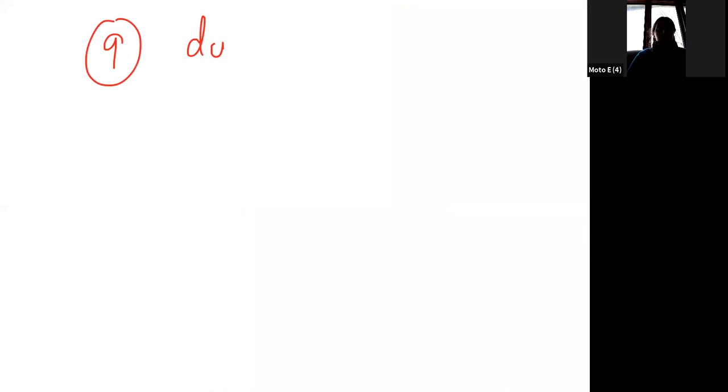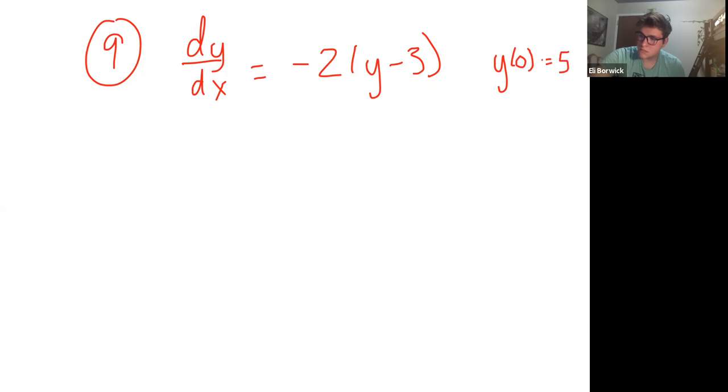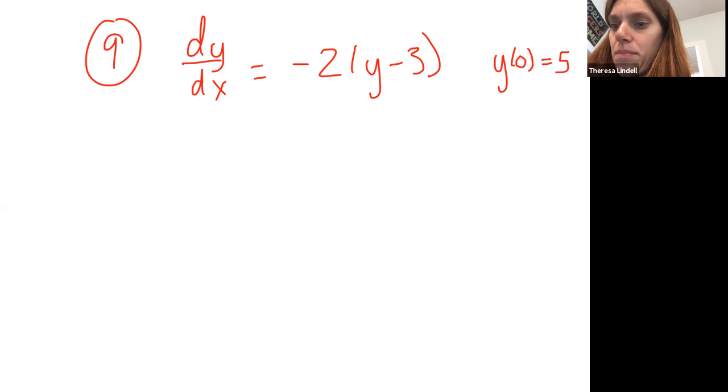So dy dx equals this. On this one, we do need to separate variables. The other one we didn't because all the x's were on one side already, and there's just a dy.